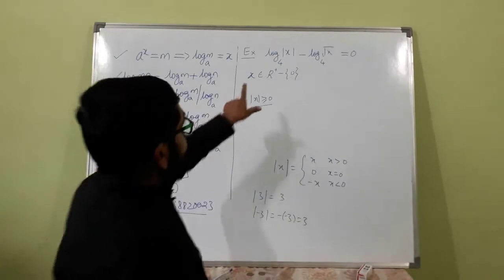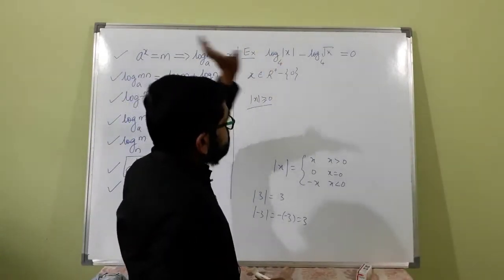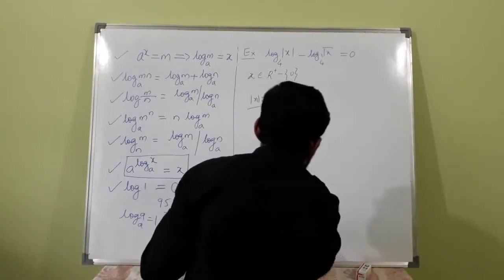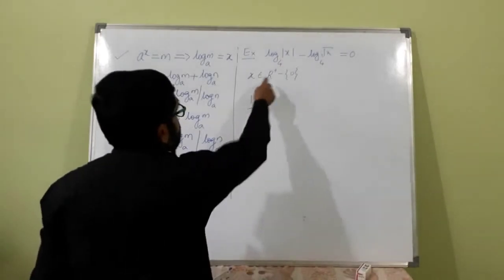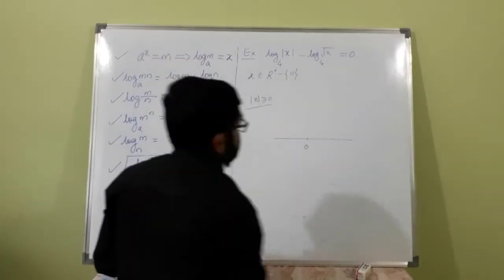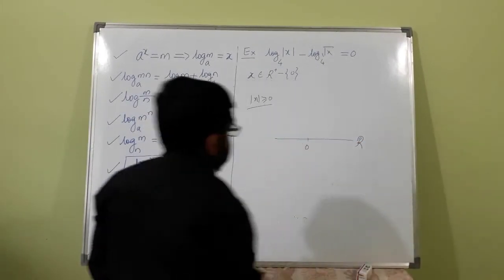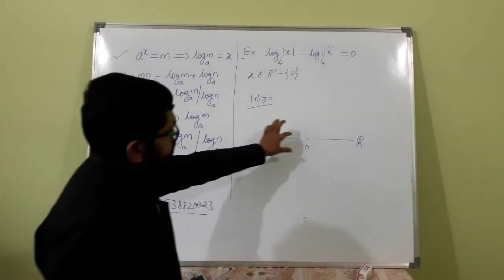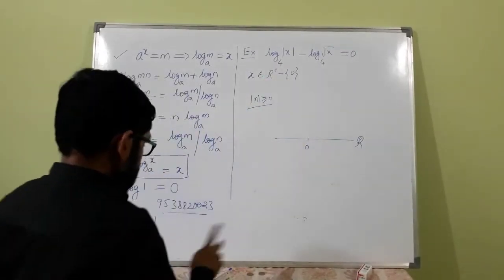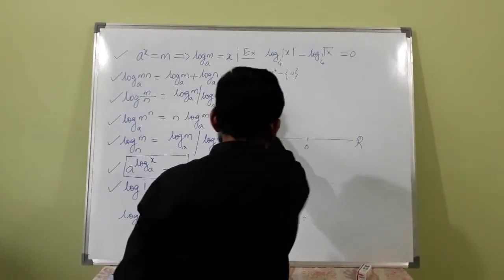So 0 is not included, for all x belongs to positive real numbers except 0. This is the notation. R is for the real line, somewhere here 0. So these are all positive values, except this point. This is denoted by this minus of that.